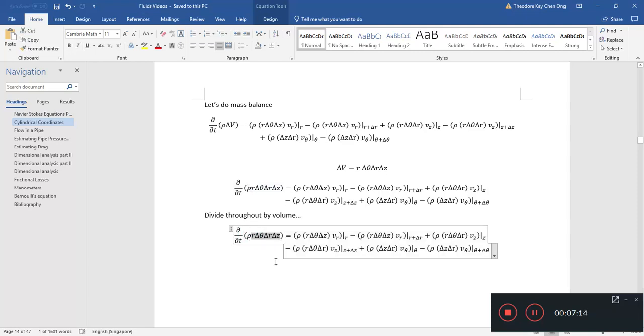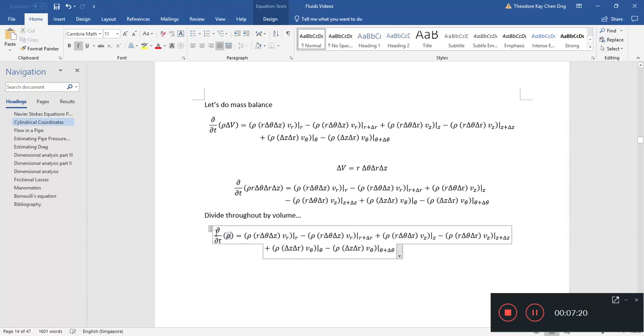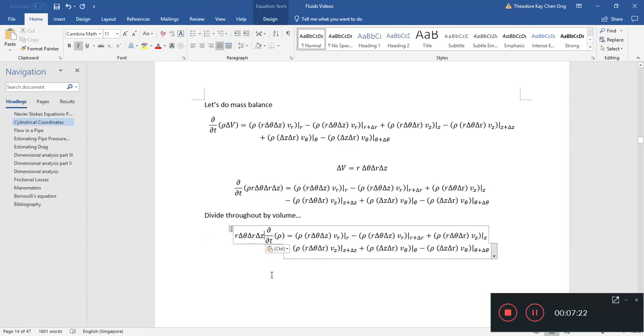Yes, I can, because this is a constant with respect to time, so I can take it out. So let's see what we can take out and what we cannot take out. Next question, can I take these three terms out? Well, delta theta and delta z we can definitely factorize out, because this doesn't vary with r.